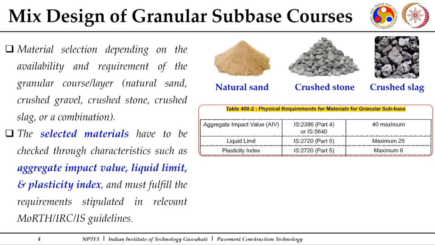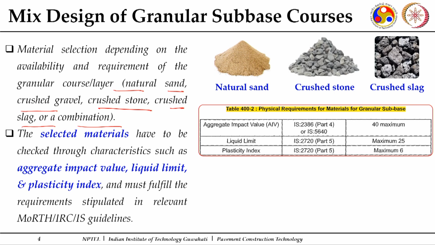When it comes to granular sub-base courses, especially the unbound ones, the materials, as we have already discussed in previous lectures, will consist of natural sand, crushed gravel, crushed stone, crushed slag, or a combination of these materials. So under the granular courses, these materials can be used.